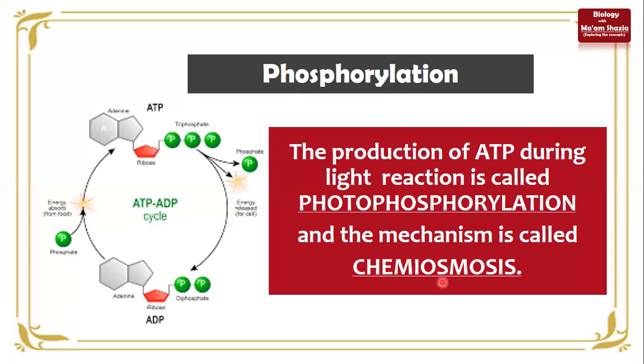I'm hoping that the two terms, phosphorylation and photophosphorylation, are clear. Obviously the same reaction is going on in both terms: the production of ATP. But in photophosphorylation, the production is in the presence of sunlight, meaning in the plants. And the mechanism they use is called chemiosmosis.